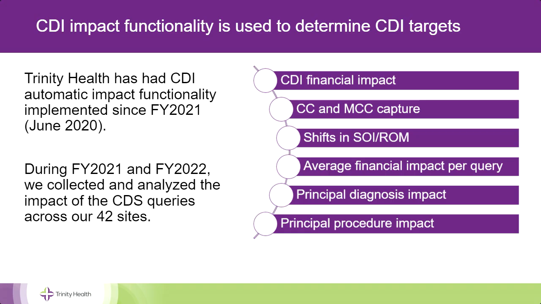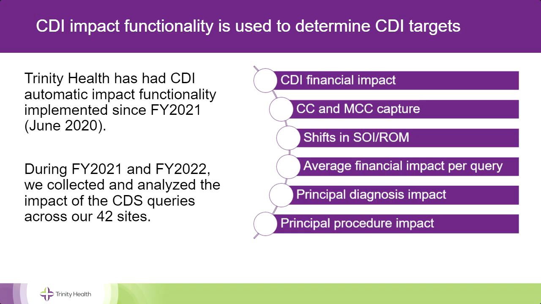We also monitor CC and MCC capture rates, and Andrea will talk about some of our results there, but we really saw some improvements. And then we also record shifts in severity of illness, risk, and mortality. So it's not all about just the financial performance of CDI, but those other things they're impacting. And then we did look at what the average financial impact per query was, as well as some principal diagnoses and principal procedures impact.